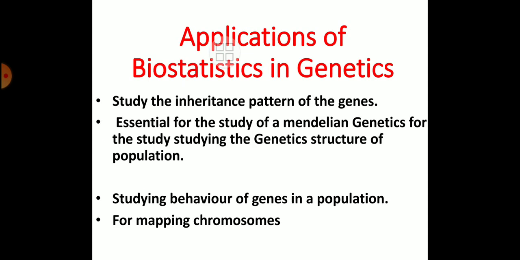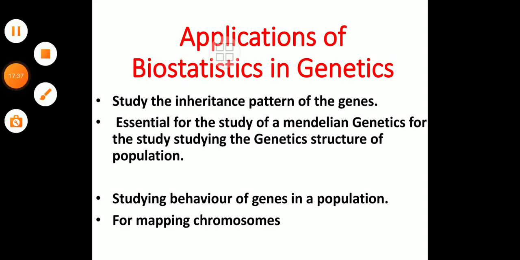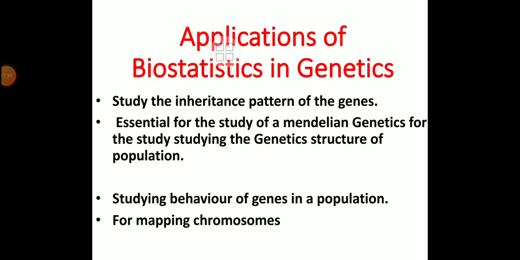Now, the applications of biostatistics in genetics. Most important, we hear one of the most important words, that is mapping of genes, isn't it? Mapping of chromosomes is nothing but the mapping of genes on the chromosomes.